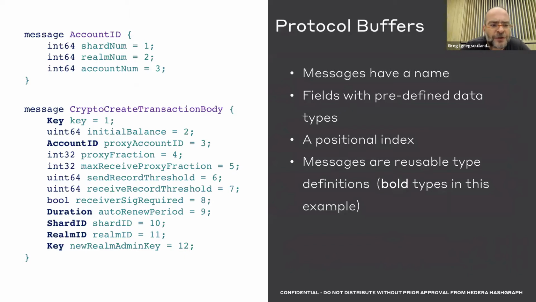So you can see account ID as a message could be exchanged between a client and a server, but it's also used as a proxy account ID within the crypto create transaction body. So they serve both purposes: reusable message structures or definitions, as well as natively being able to be exchanged between systems.